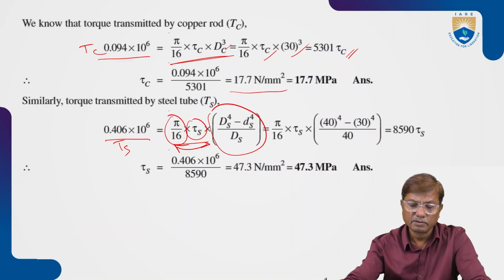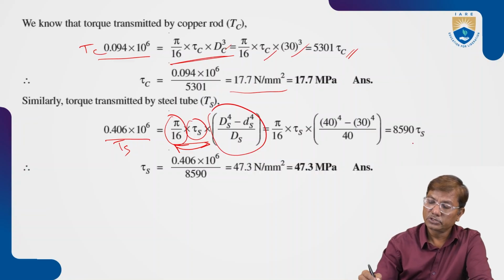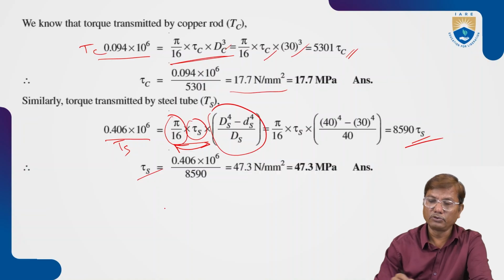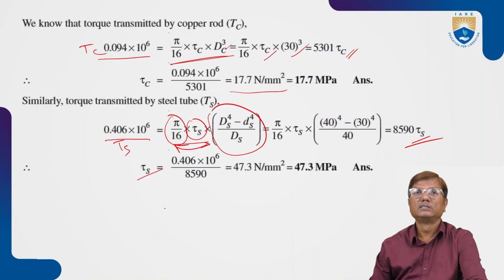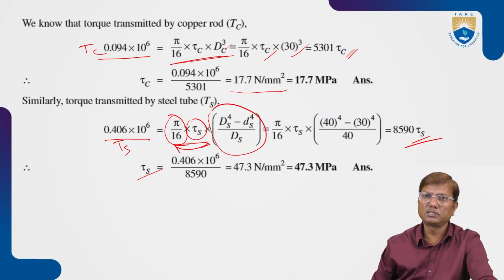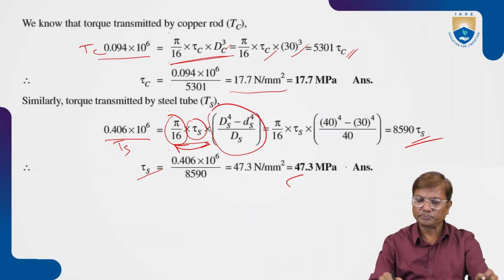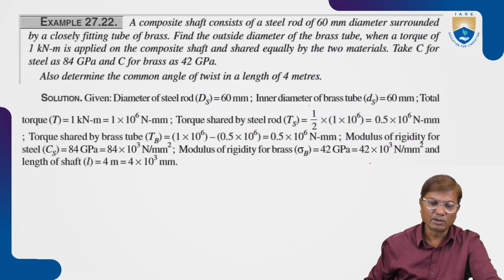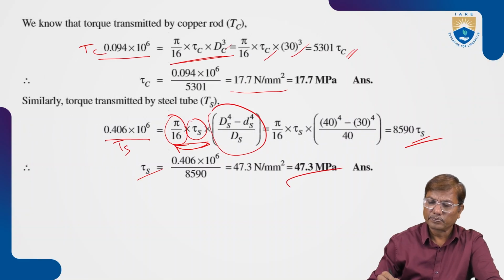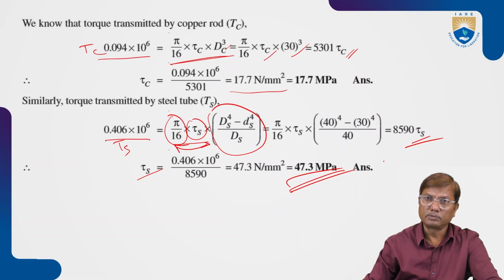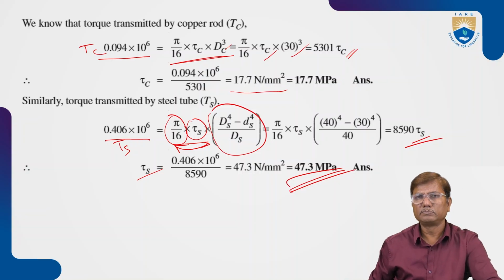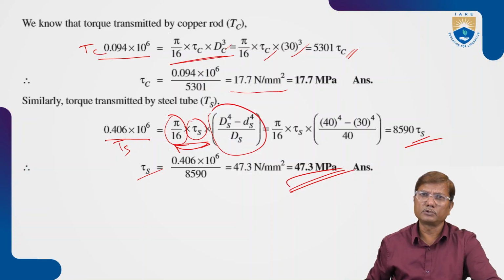So substituting the values, you will get tau s, the shear stress in steel tube. This is one type of problem. So based on the data given, we have to proceed.